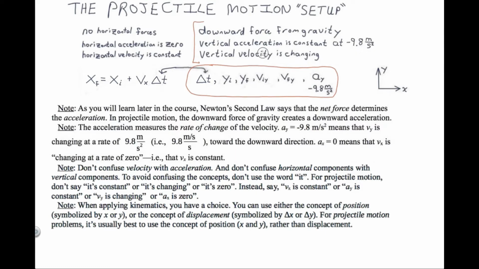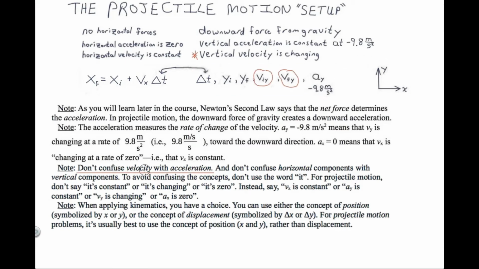So, in projectile motion, the vertical acceleration is constant, and the vertical velocity is changing. The kinematics variables for constant acceleration and changing velocity in the y component are delta t, y initial, y final, v initial y, v final y, and a sub y.